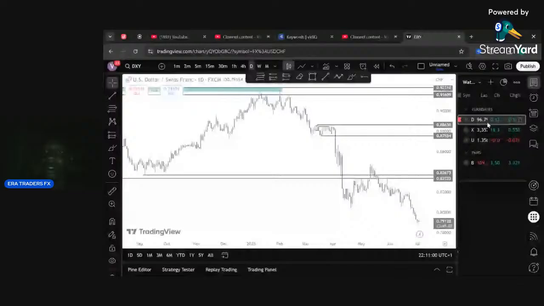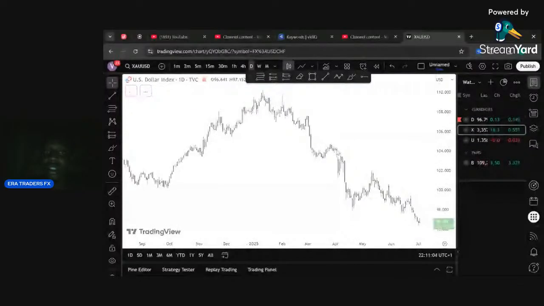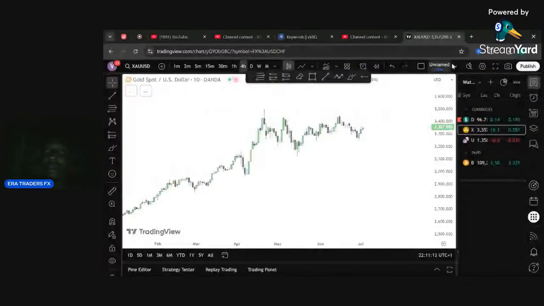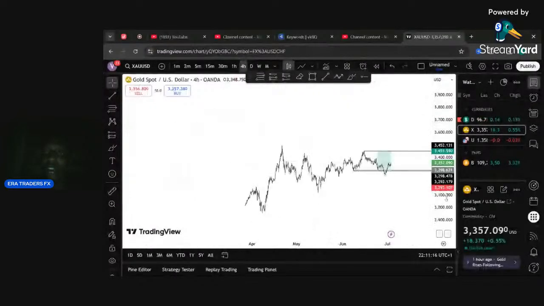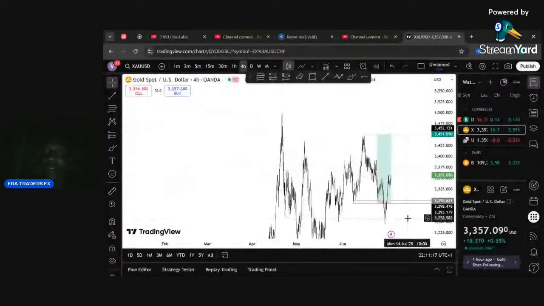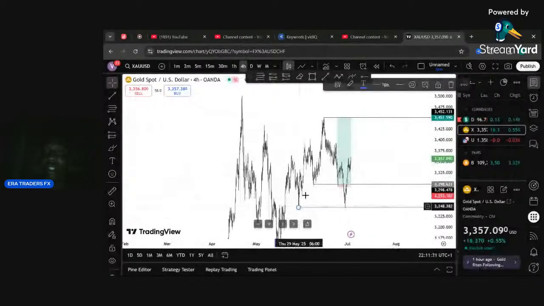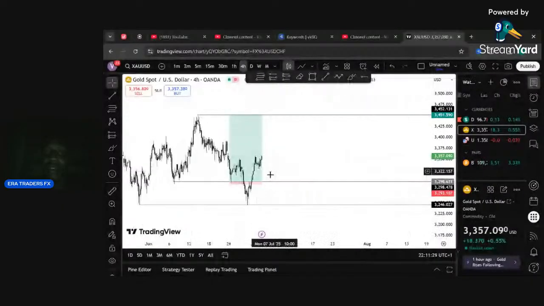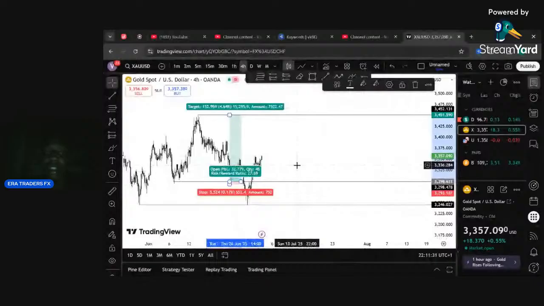So let's see gold and see what idea we have. I shared it, and you see the price came all the way to this other liquidity area and pushed after buying for some time. It bought for some time and now came back all the way to this level.